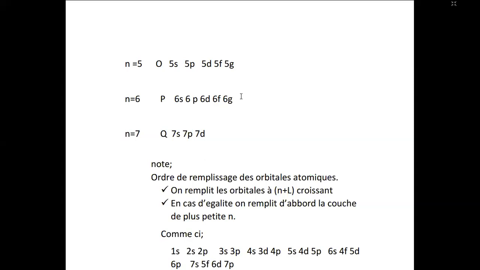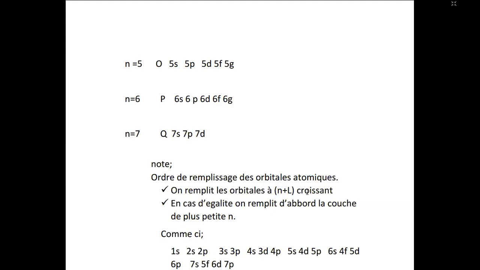These are the things I want you to consider. In order to write the electron configuration of an atom, first of all you have to consider the order of filling of the atomic orbitals: on remplit les orbitales à n plus l croissant.